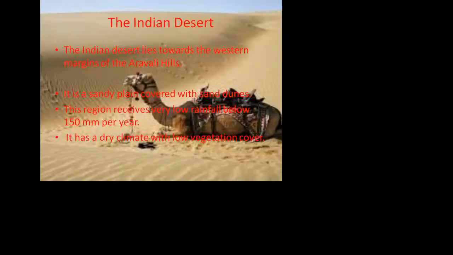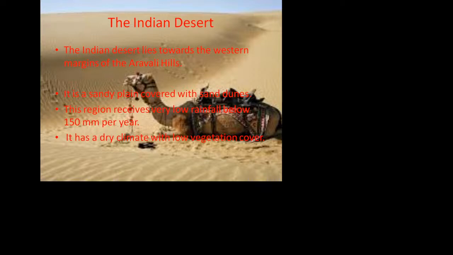Then today, children, I am going to start with the concept of the Indian desert. Now, if we talk about the Indian desert, the Indian desert, also known as the Thar Desert, occupies the western part of India.